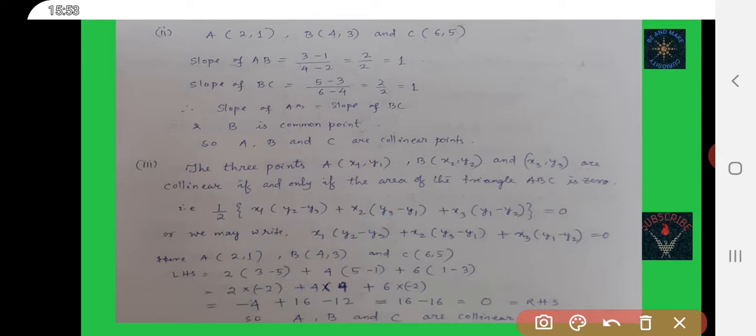So now you simplify. 2 into 3 minus 5, so minus 2, 4 into 5 minus 1, 4, 6 into 1 minus 3, minus 2.